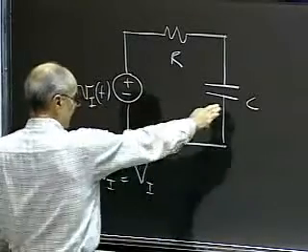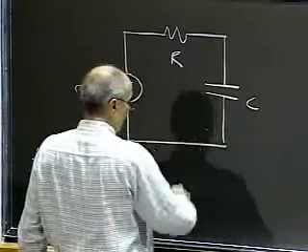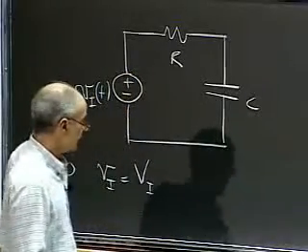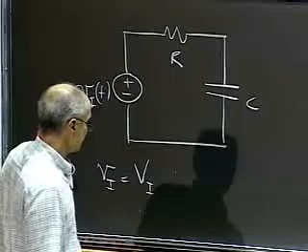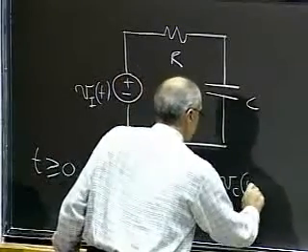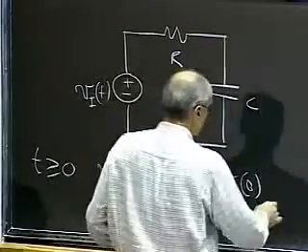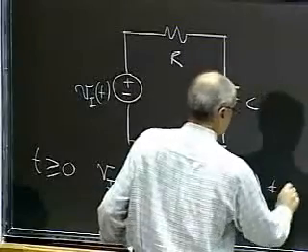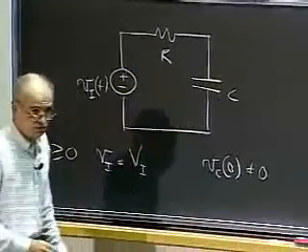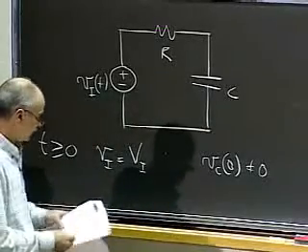The other condition that we discussed was the value of the voltage on the capacitor that would exist at time t equals 0. Let's call that Vc of 0. In general, there is some finite value here. It can be 0 or it can be different from 0.